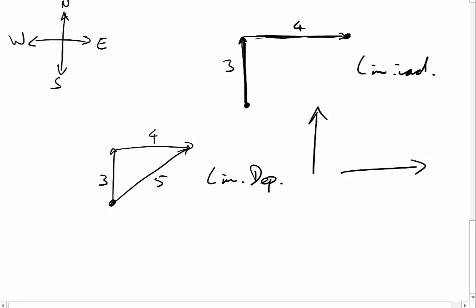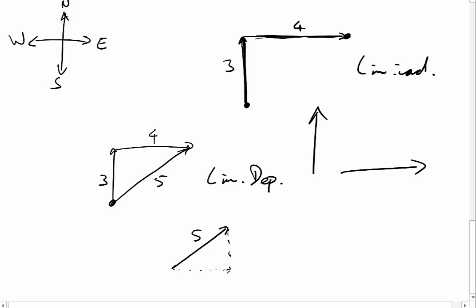Now you've got an extra vector, 5 miles northeast, which puts the system into a state of linear dependency. This 5 miles northeast vector can be broken up into a bit of right and a bit of up.